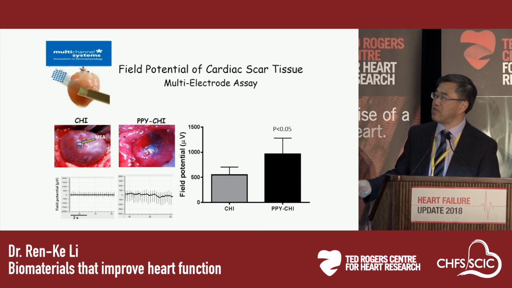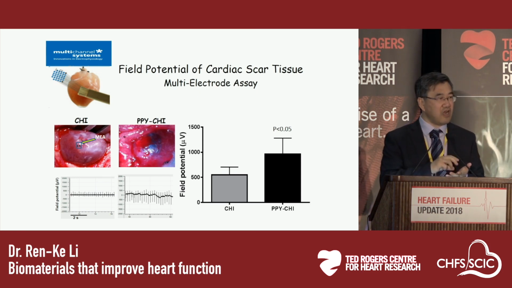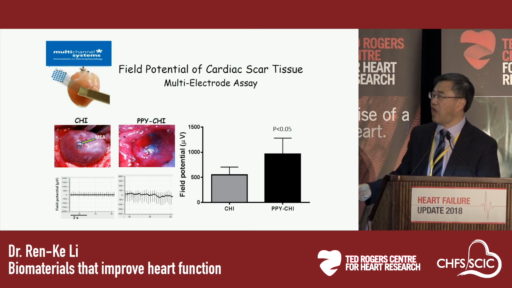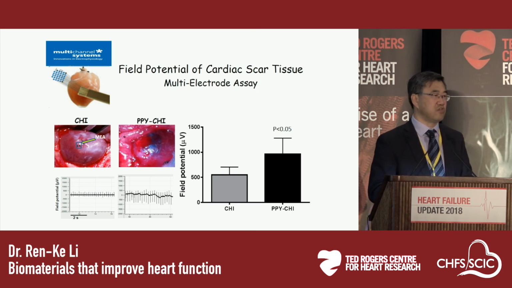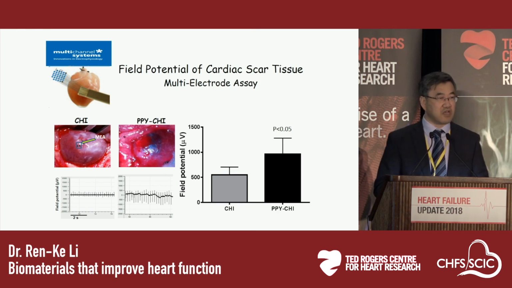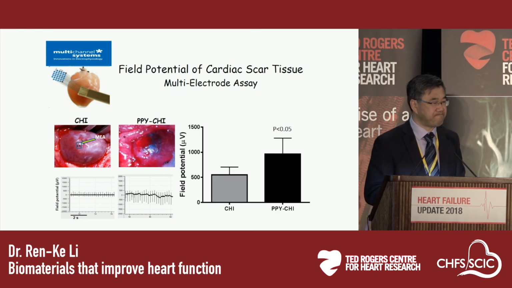But when we put the MEA on top of the scar tissue with the conductive biomaterial, we can sense a higher field potential. That means more current passes through the scar tissue after we put the conductive biomaterial over there.